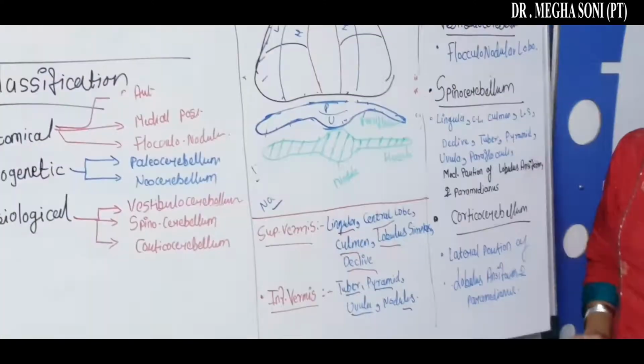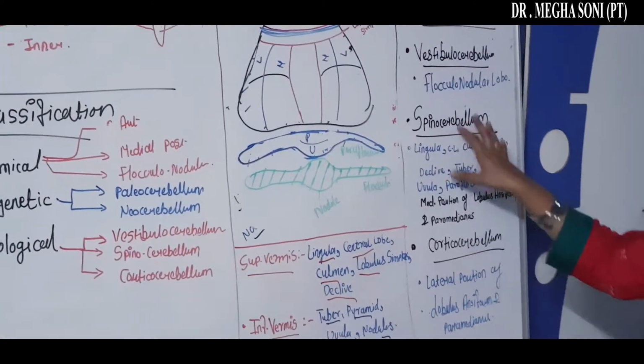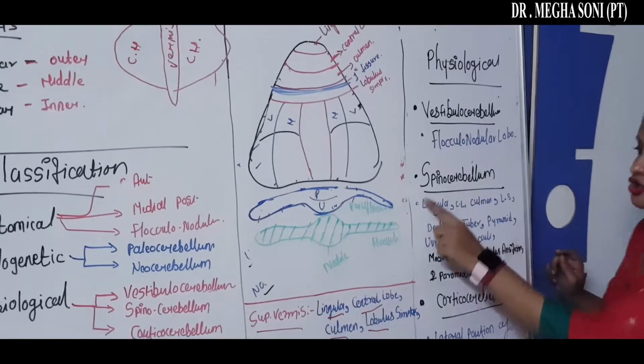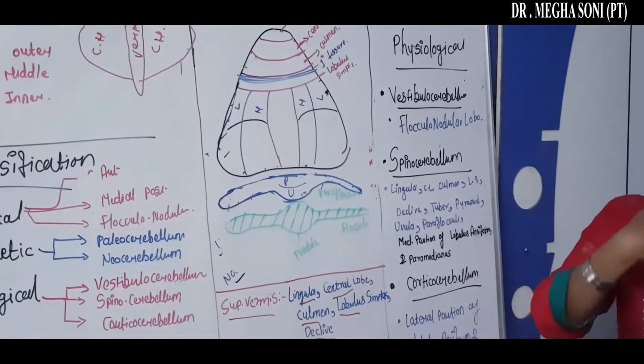Second is spinocerebellum. Let's see which structures are situated in spinocerebellum. These structures come together and do the same function.